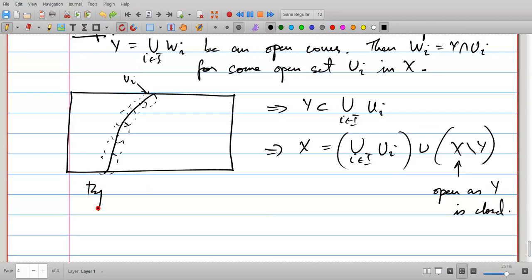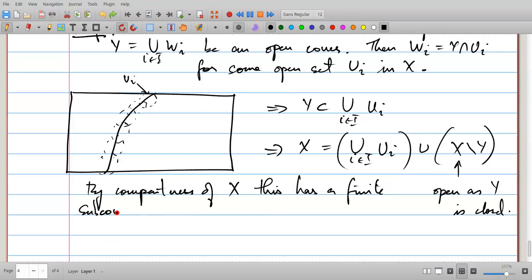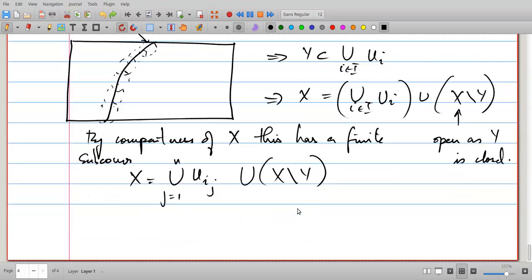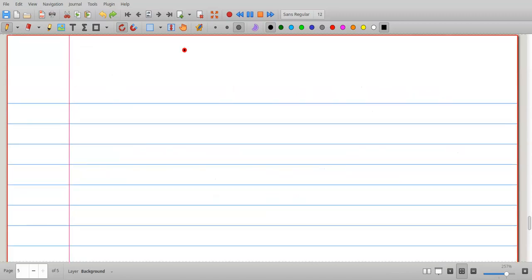So by compactness of X, this has a finite subcover. So let us say X is equal to the union of Uij, and then we can put an extra X minus Y if needed. I mean, this is true, although we may not need this extra thing, but there's no problem if we put it.